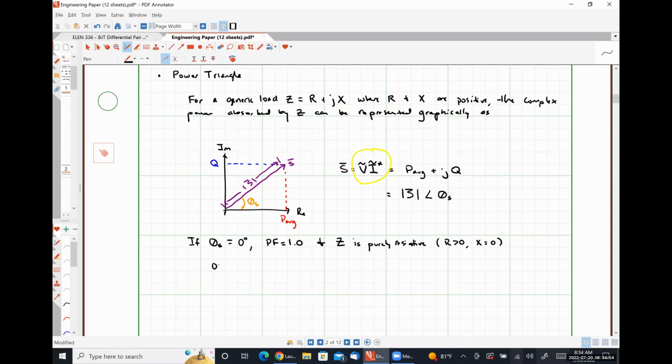If theta S lies between 0 and 90 degrees, our power factor is lagging, and Z is considered inductive, where R is greater than 0 and X is greater than 0.